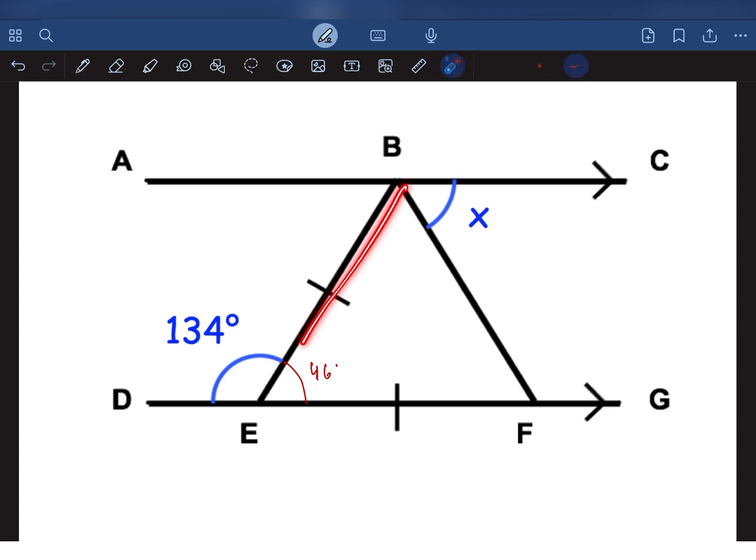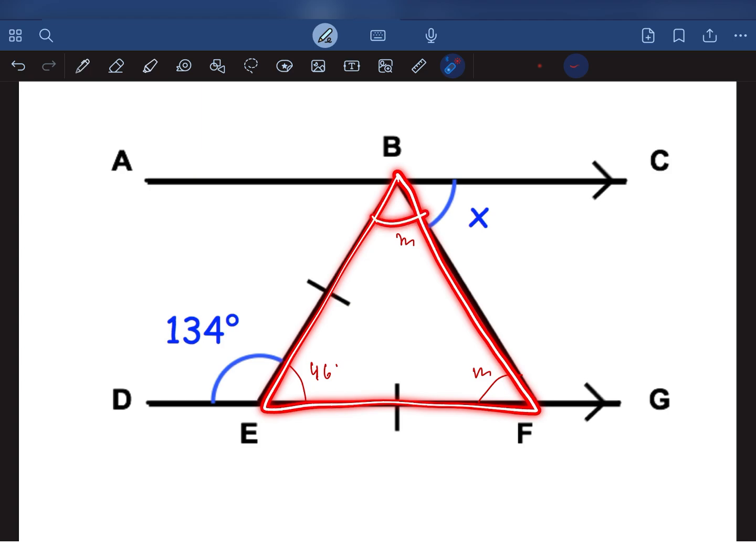Now, as we know that this is an isosceles triangle and these two sides are equal, these two angles are equal. So let's consider them both M. And we know that the sum of the three angles in a triangle is equal to 180 degrees, right?